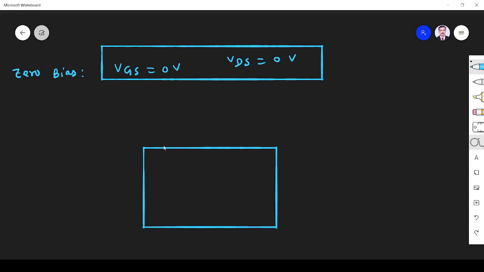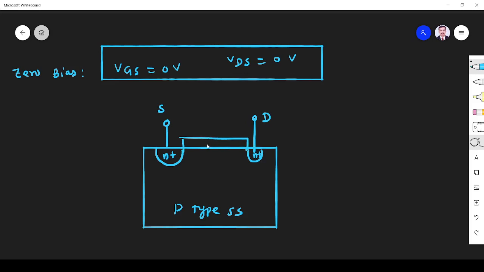As usual in NMOS we have a p-type body or substrate. Here two n-type regions are created. These are heavily doped, that side is plus. This terminal is the source. This one is the drain.